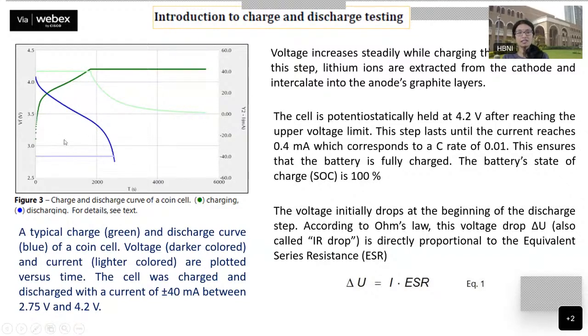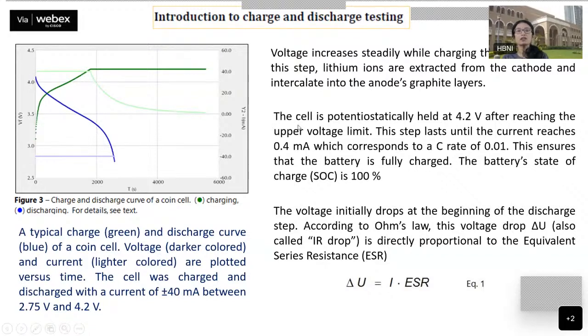So a typical charge and discharge curve of a coin cell is shown in this particular plot. Voltage is basically these darker lines, as you can see, and current is these lighter lines. They are plotted versus time. This particular cell was charged and discharged with a current of 40 milliamperes, and the voltage range is between 2.75 volt and 4.2 volt.